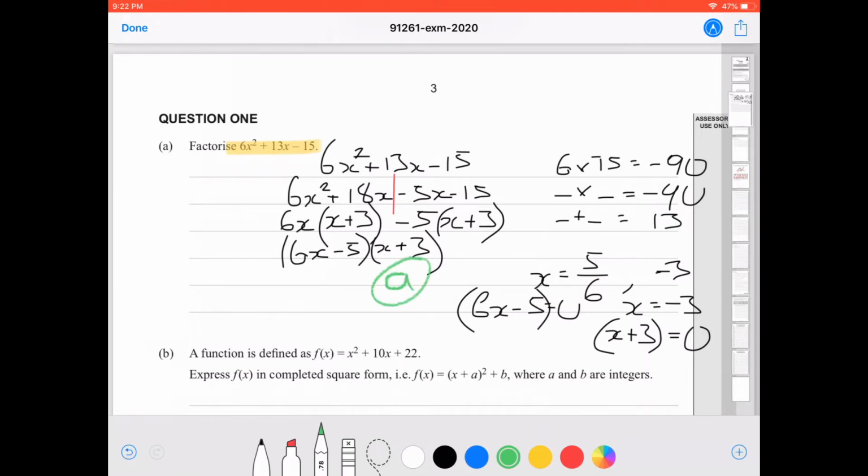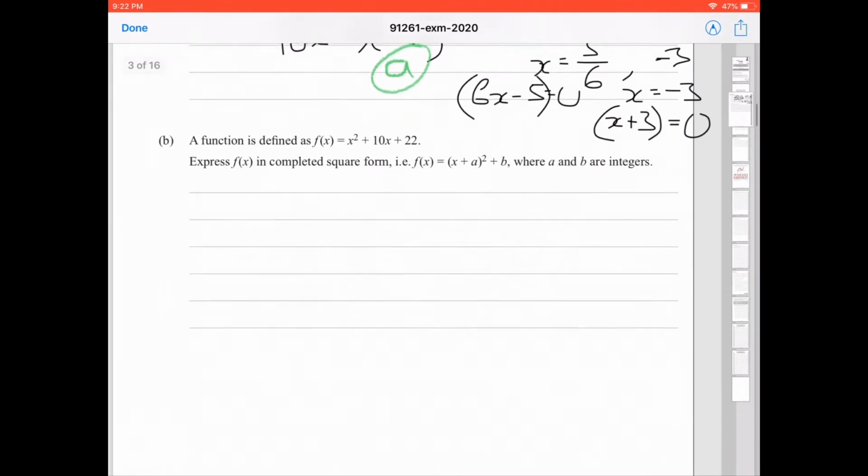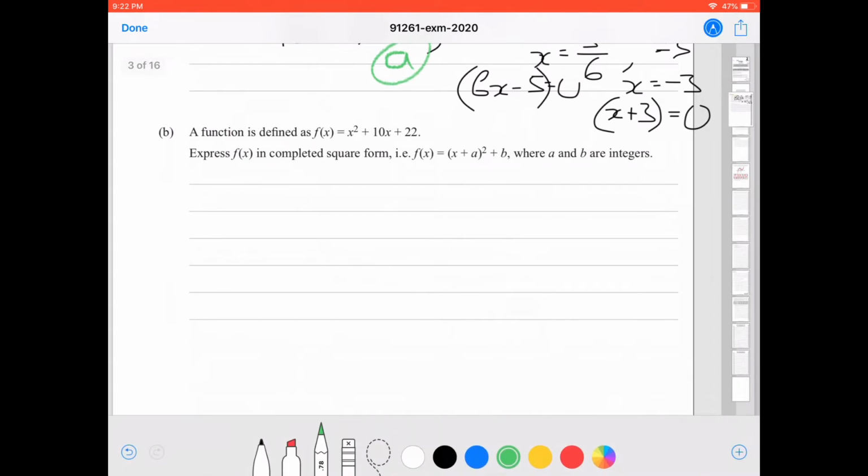Okay, moving on to question 1b now. It says a function is defined as f of x equals x squared plus 10x plus 22. Express f of x in completed square form, i.e. f of x equals x plus a all squared plus b, where a and b are integers.